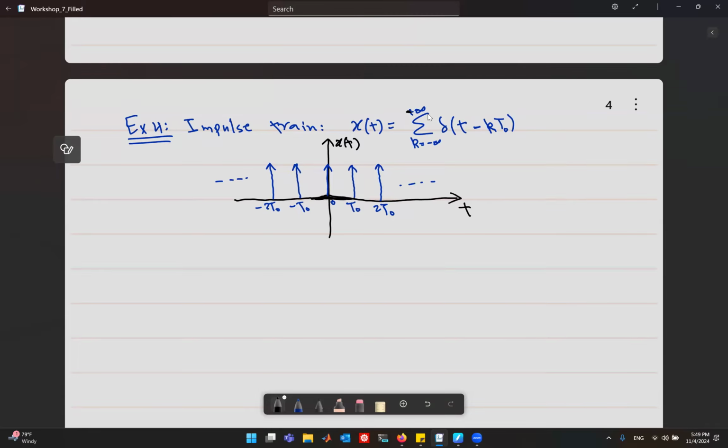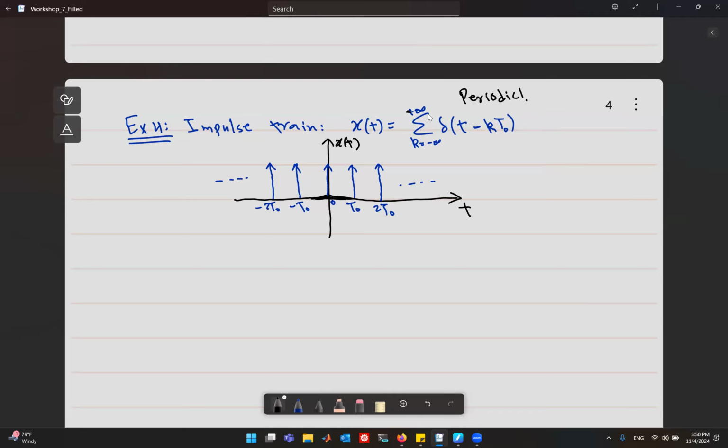And we need to find the Fourier transform of this signal. Notice that this signal is periodic, so we can find its frequency series representation using what we have learned before, using the Fourier series.